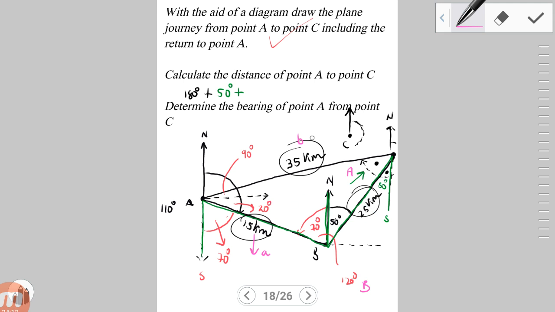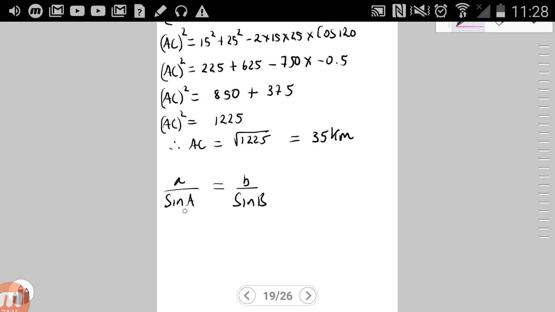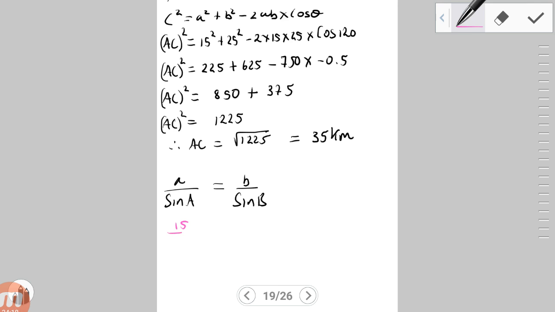So a is 15 and the angle facing a is unknown, so that's 15 divided by the sine of the angle, which is the bearing or partial bearing. Let's just call that A for now. And b is 35, and the angle facing 35 is 120 degrees.